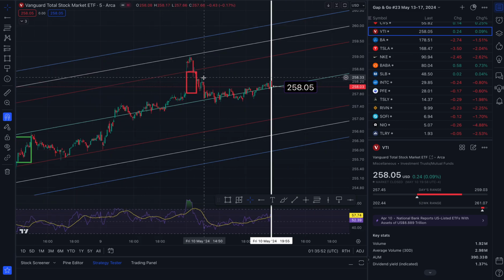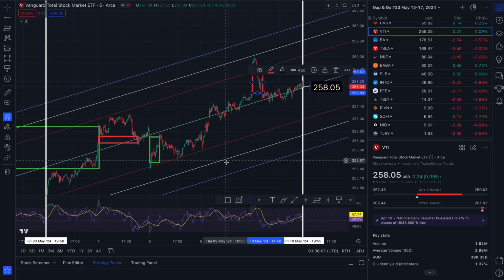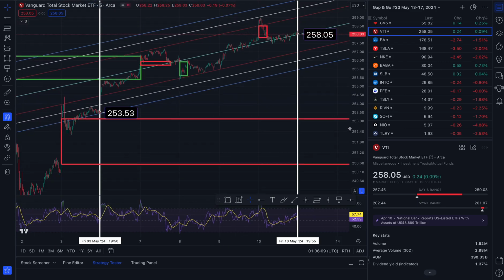Okay, now we went up and then down, closed out here at 257.82. Okay, and then there's this gap that I mentioned.